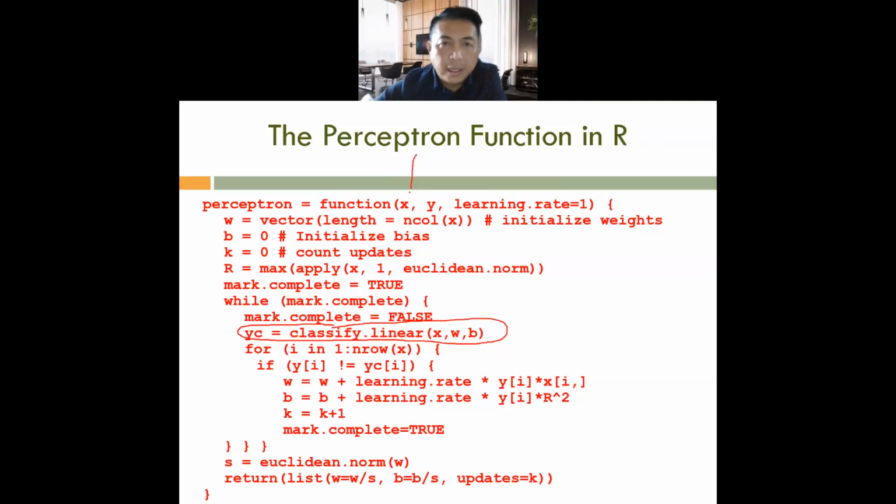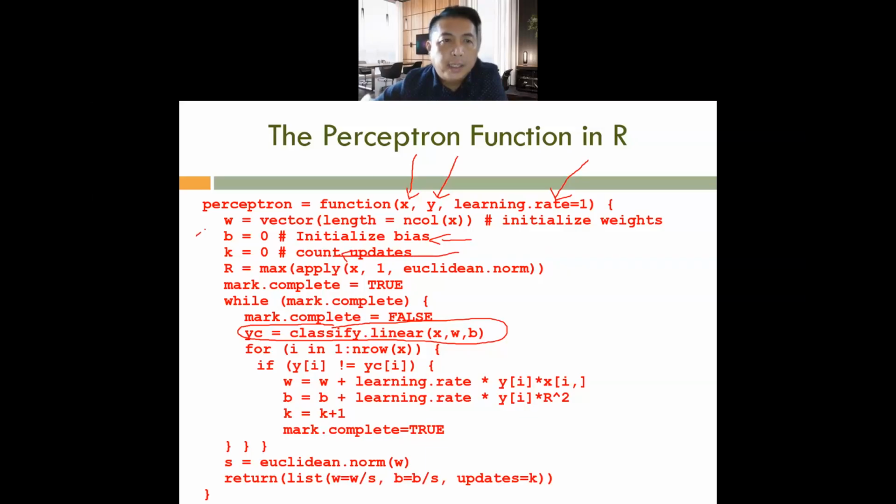This is your output, and this is the learning rate, so the default is 1. You initialize the bias, and this is the number of times you update the weightage.